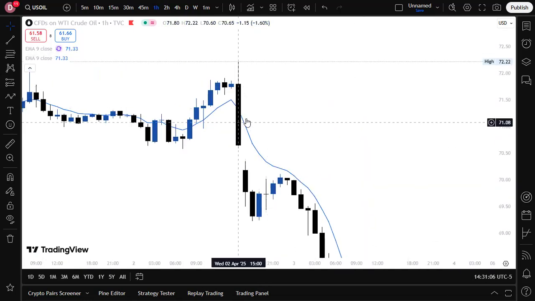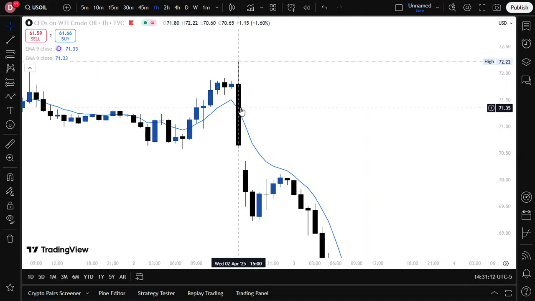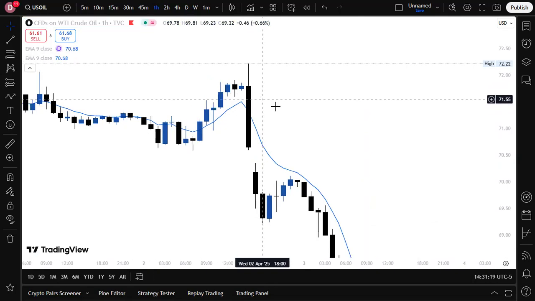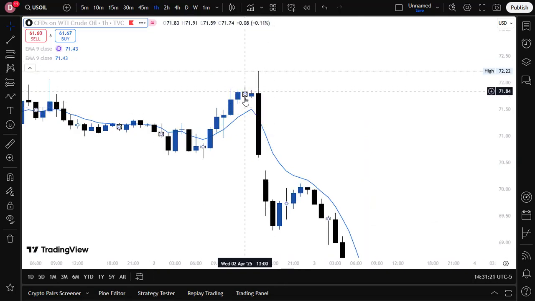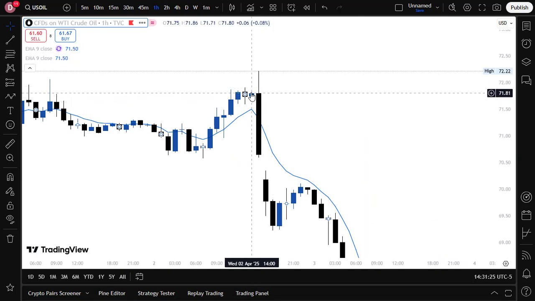So this is an example of a bearish engulfing candle. As I told you, the color doesn't matter. I'm using blue as my green, and I'm using black as my sell, as my bearish. So you can see the engulfing. This is an example of a bearish engulfing candlestick because it engulfed the whole of this small bullish candlestick.